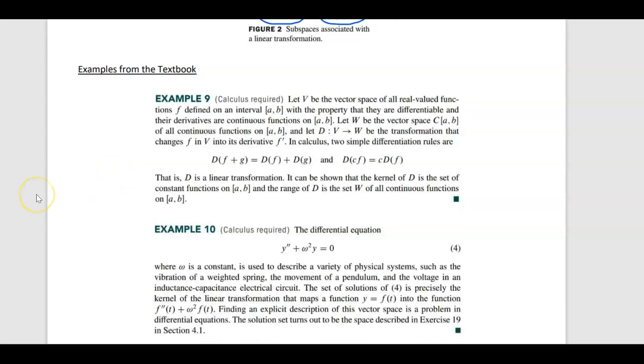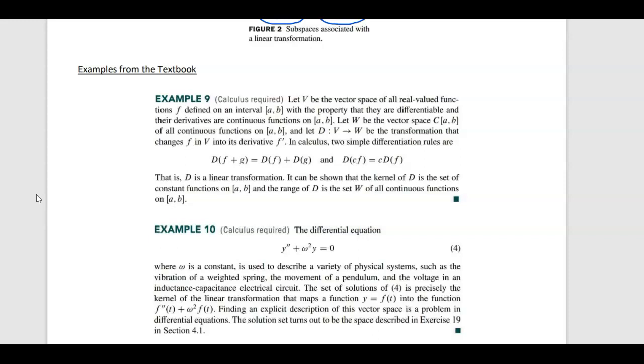There are some calculus thoughts around here. So let V be the vector space of all real valued functions defined from A to B, such that they are differentiable and their derivatives are continuous. Okay, so just normal functions, differentiable on a closed interval, with derivatives continuous on a closed interval.